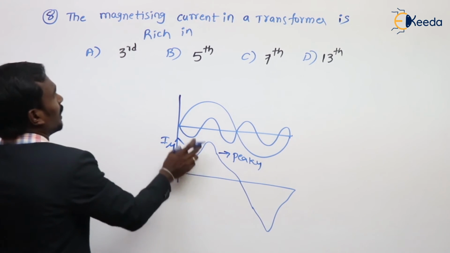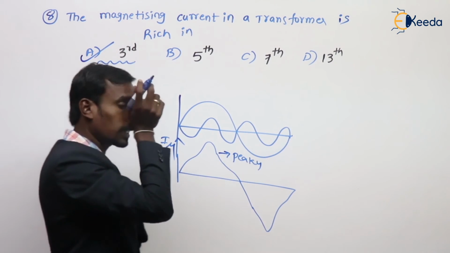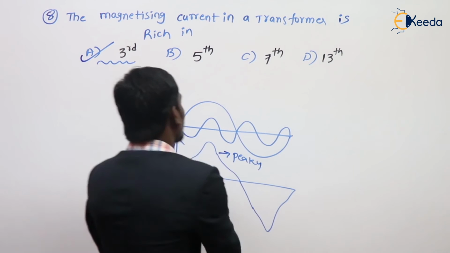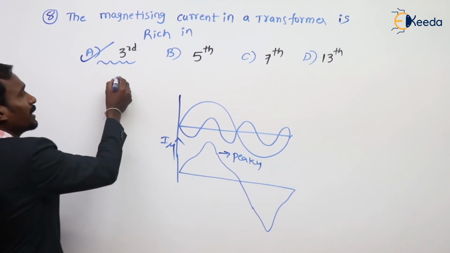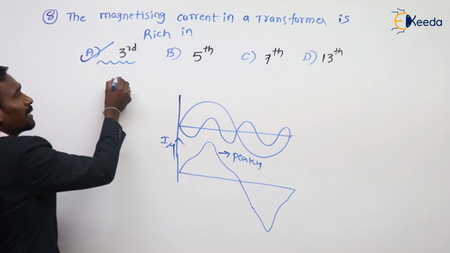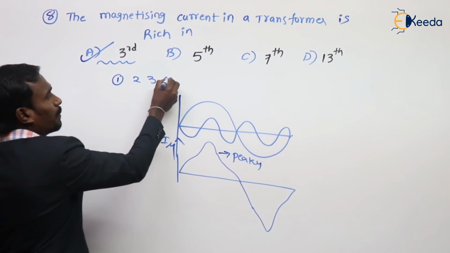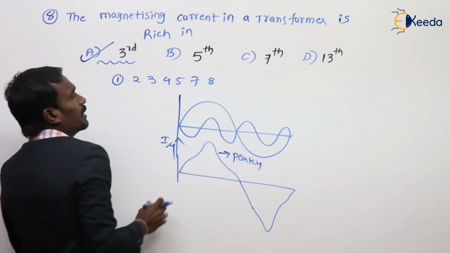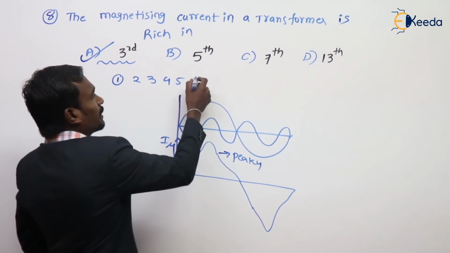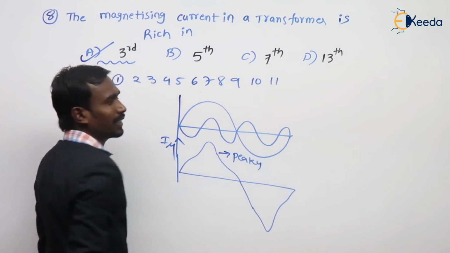So in general, in magnetizing current, the third harmonics are the richest harmonics. We know harmonics are nothing but the integer multiples of the fundamental. Integer multiples of the fundamental are called harmonics.